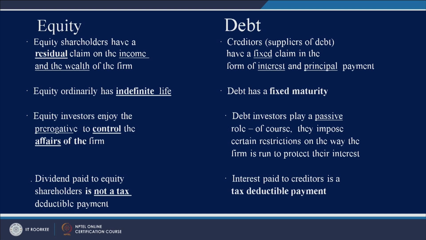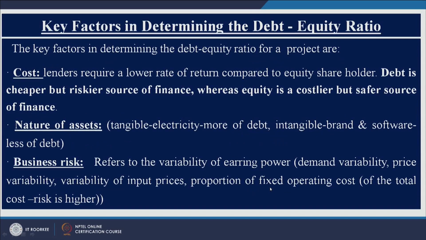While creditors have got a very passive role, they do not have voting rights, but in some situations they may have voting rights. Dividend paid to equity shareholder is not a tax deductible payment, and this is one of the most important differences between these two. The dividend paid to equity shareholder is not a tax deductible payment, while interest paid to creditors is a tax deductible payment. So, these are a couple of differences.